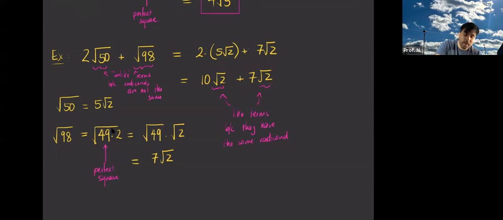How many total rad 2s do I have? I'm just going to add the coefficients, the numbers in front. I get 17 rad 2s. I don't add the numbers underneath the radicals. This works similarly to 10x plus 7x, where we just add to get 17x. It's like saying we have 10 oranges plus 7 oranges, a total of 17 oranges. So that's how we treat radicals when we want to combine them.